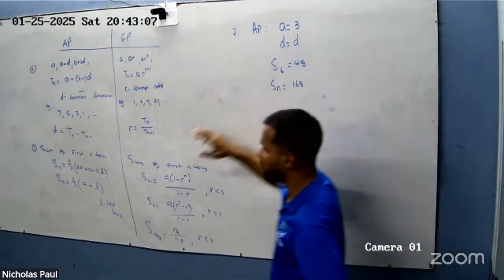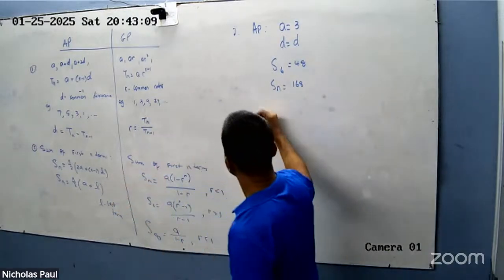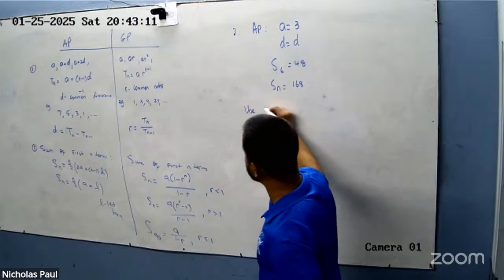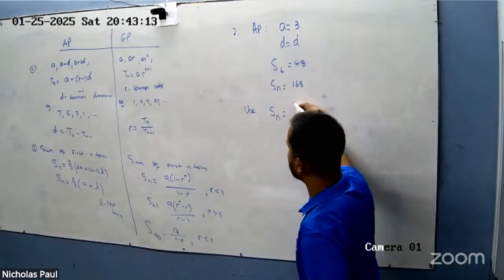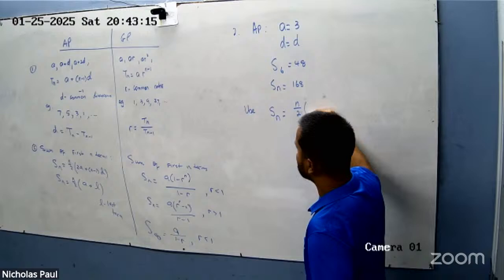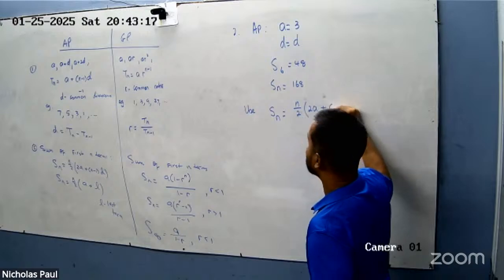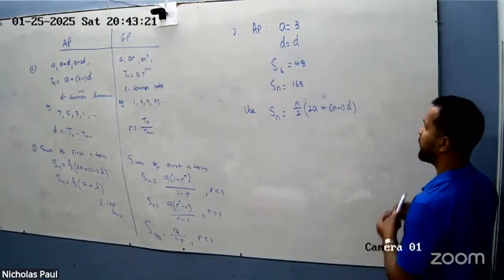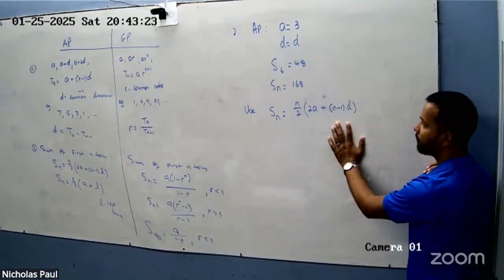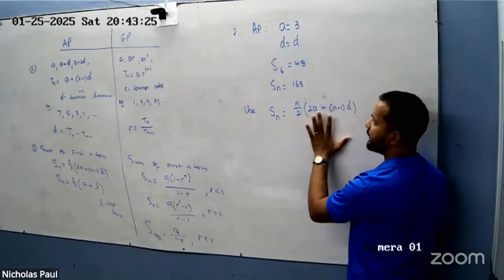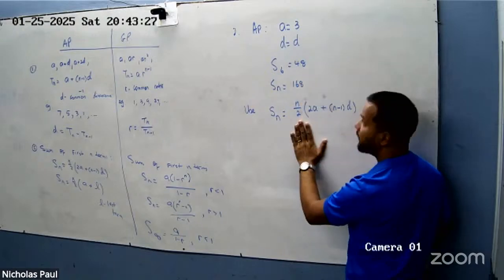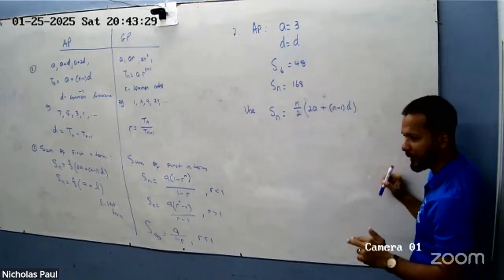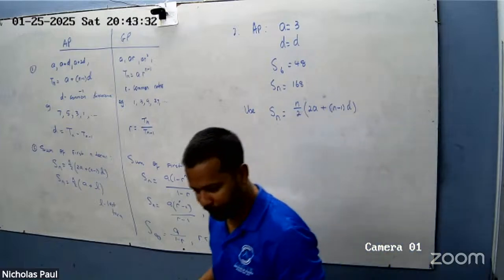S to the N is equal to N over 2 by 2A plus N minus 1 D. So we're going to use this. Take your time, make your substitutions. We have two unknowns, so most likely we're solving simultaneous equations.